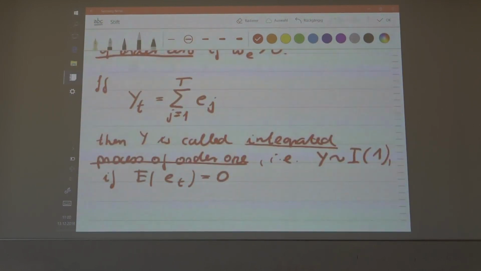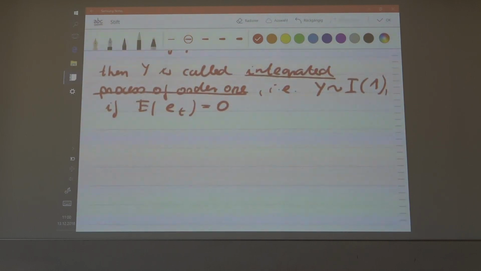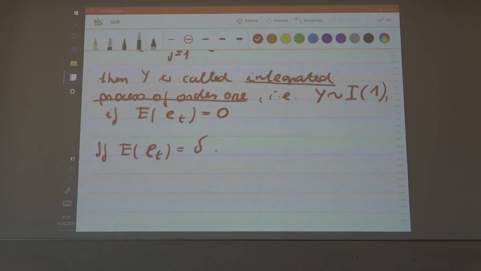And if the expectation is not zero, maybe with a random walk with drift, so if the expectation of the process e_t is equal to delta, that's the notation that I use, then y_t is going to be equal to the sum of these processes.